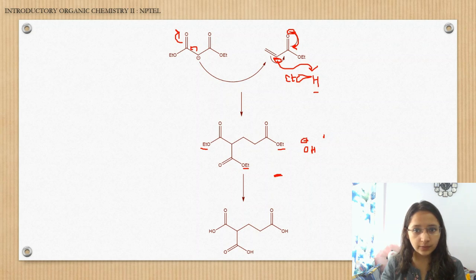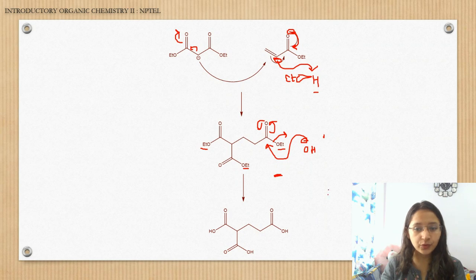It will attack here, and this goes up. After returning this negative charge, this OEt is getting knocked out, and for all of these esters, this mechanism is operative. After that, a carboxylic acid is getting formed at all three positions, and that is why we are getting a hydrolyzed product.